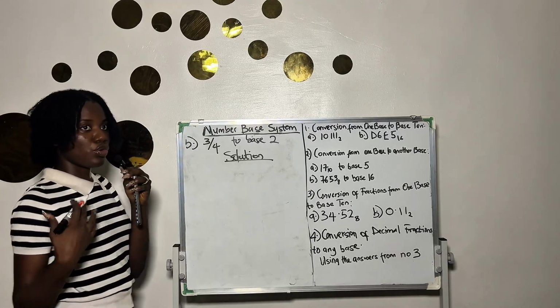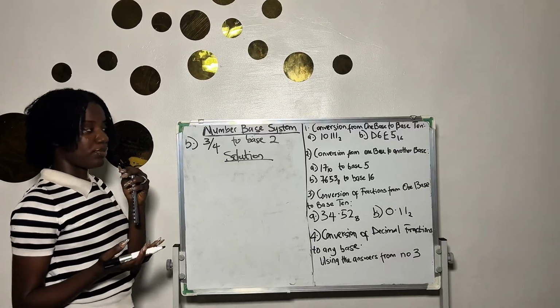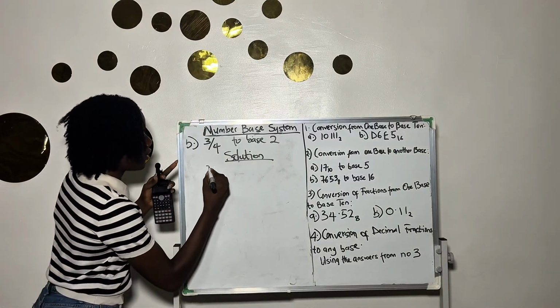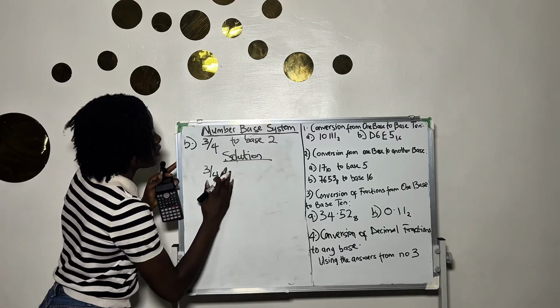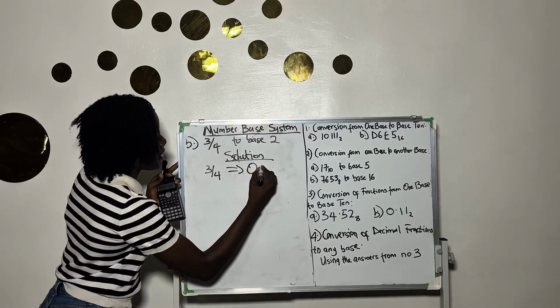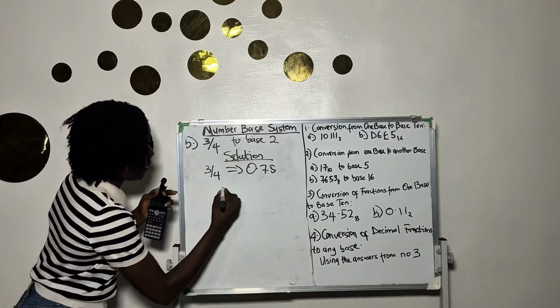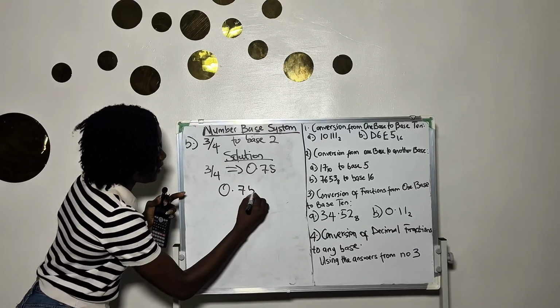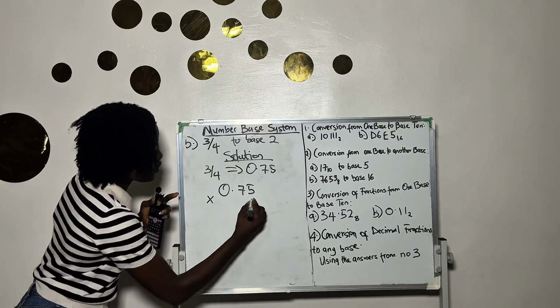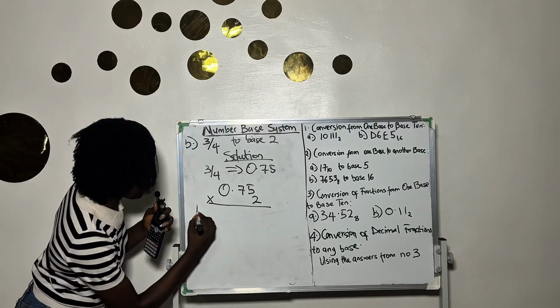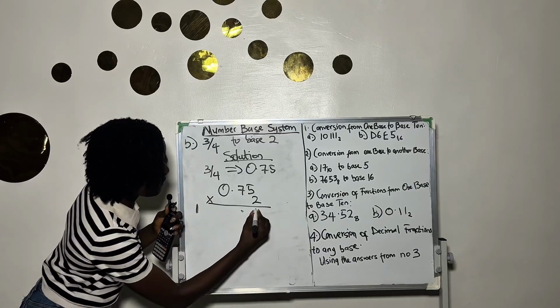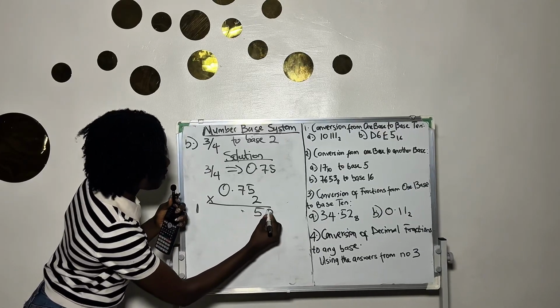We're going to use repeated multiplication. So 3 over 4 to decimal will give us 0.75, and 0.75 times 2 is 1.50.